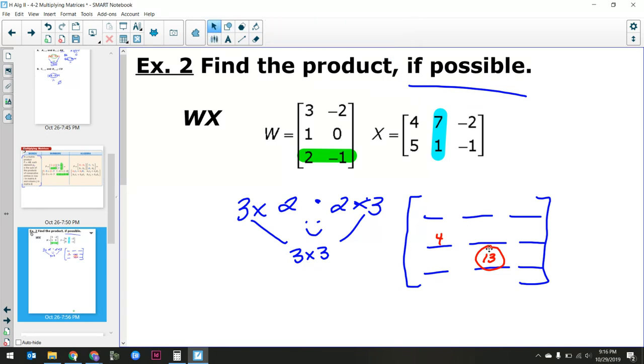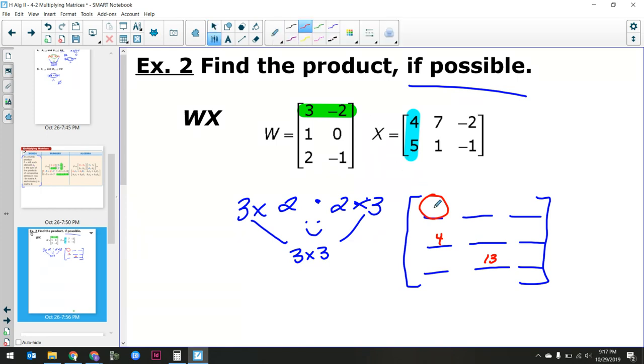Okay, so I'm going to work my way around. Don't move 13. Row 1, column 1. That's 12 and negative 10, right? 12 and negative 10 make 2. Over here, row 1, column 2: 21 and negative 2, so 19.